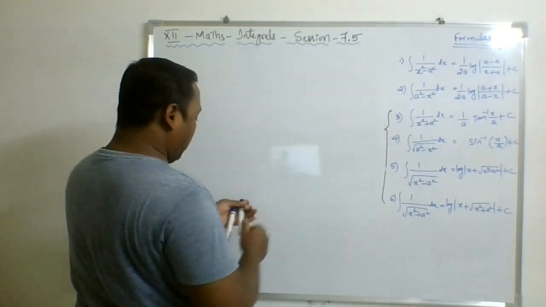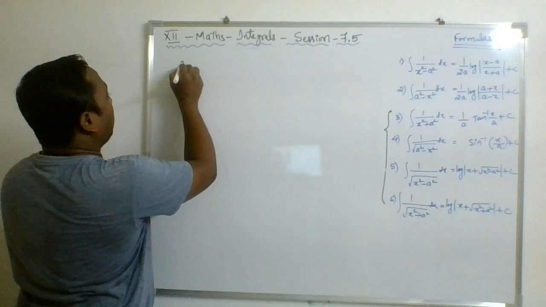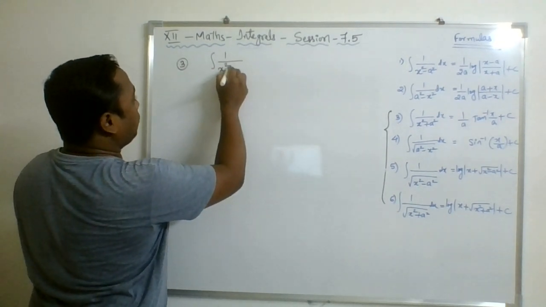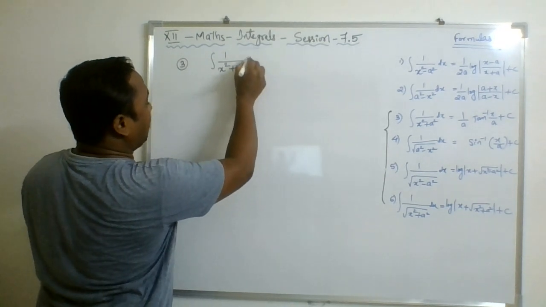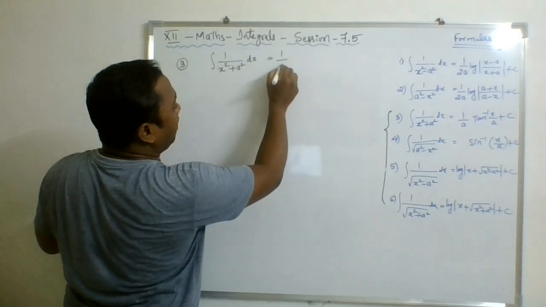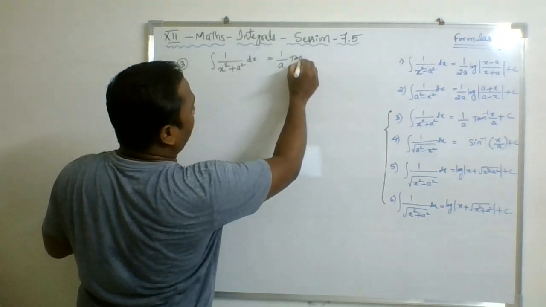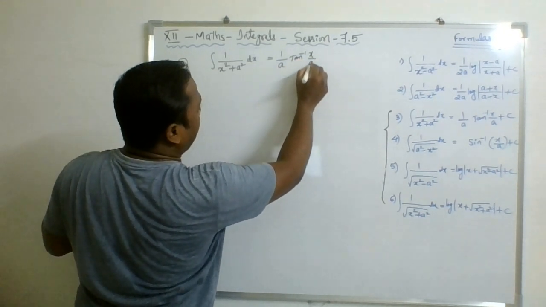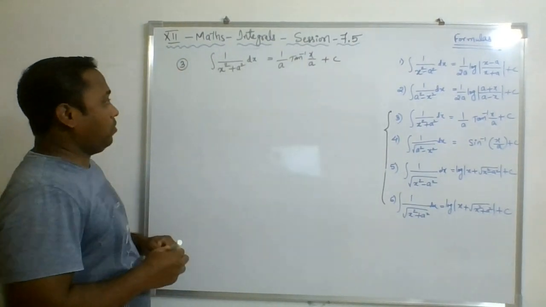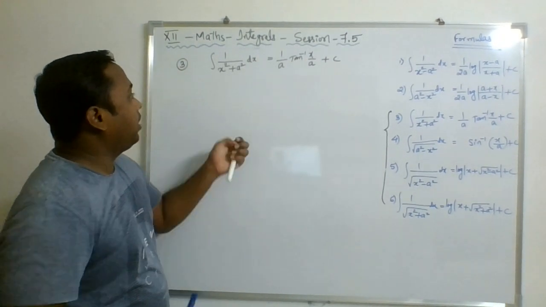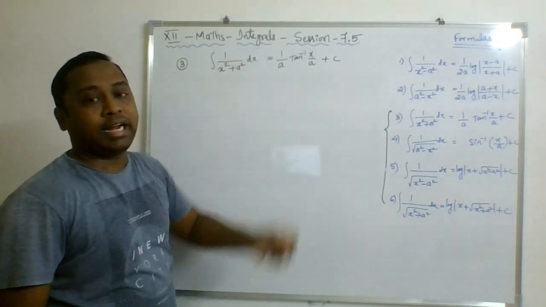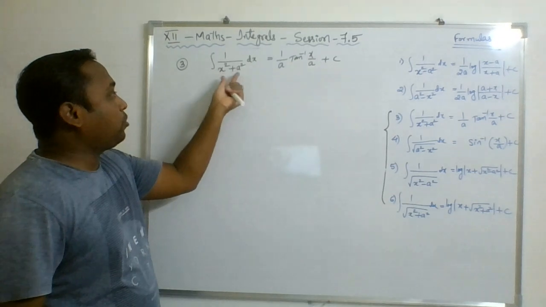Formula number 3: integral of 1 upon x square plus a square dx. Its answer you need to prove is 1 by a tan inverse of x by a plus c. Now here to simplify this, you can easily get an idea what substitution will work.